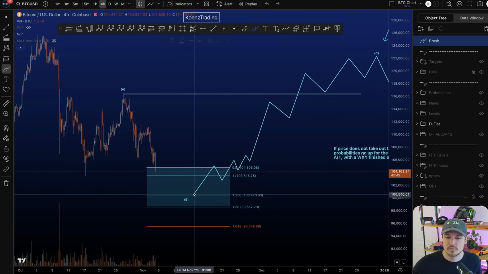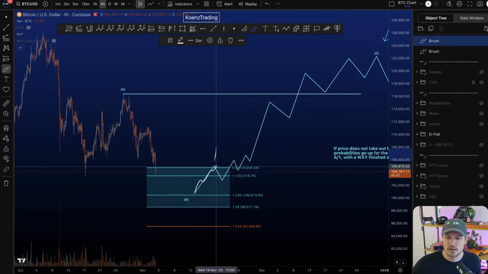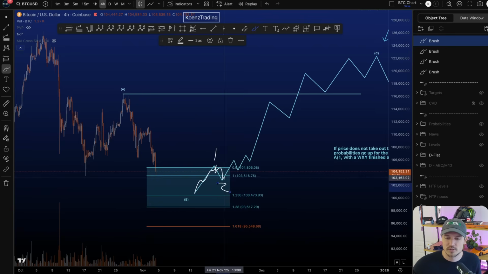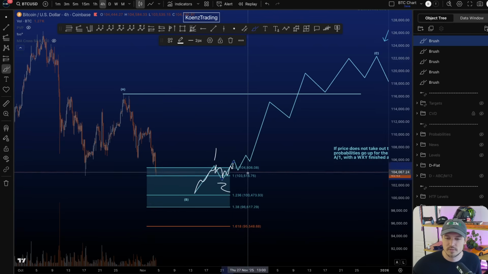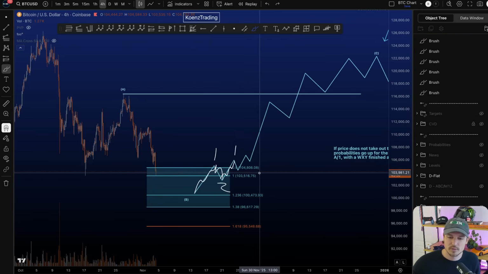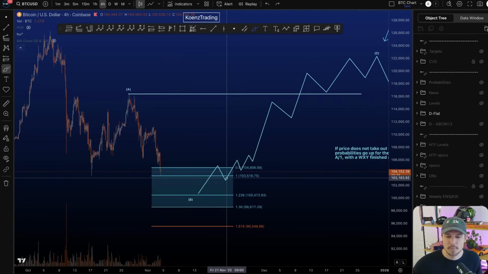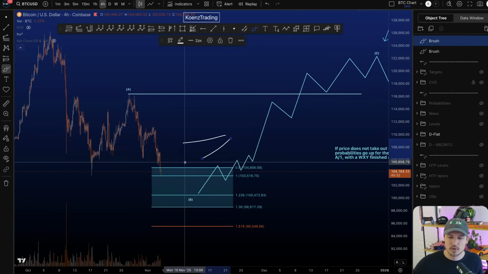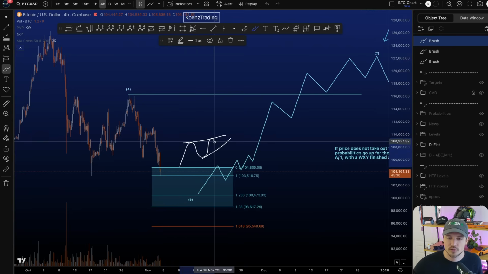So 5 waves up, of course, that's your higher degree 1, 3 waves down, higher degree 2, then you get a lower degree 5-wave move up, lower degree 1, lower degree 2, etc. And then you move eventually in a wave 3, or a diagonal.